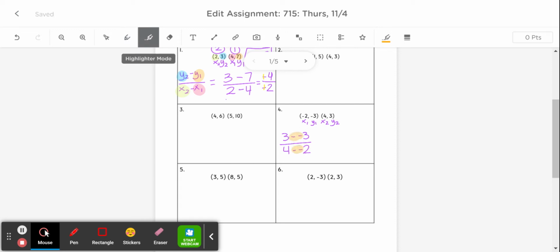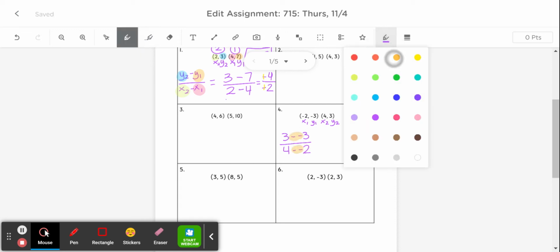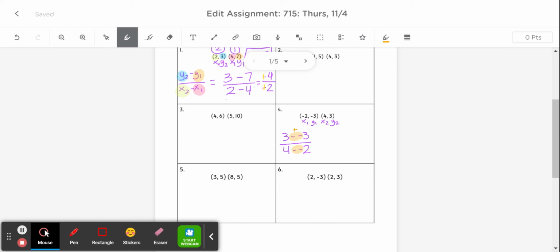Double negative actually means plus, right? Remember us practicing that long ago? So this is actually telling me to do 3 plus 3 and 4 plus 2. In the numerator, 3 plus 3 is 6, and in the denominator, 4 plus 2 is also 6. 6 over 6 can be simplified to 1, so our slope is 1.